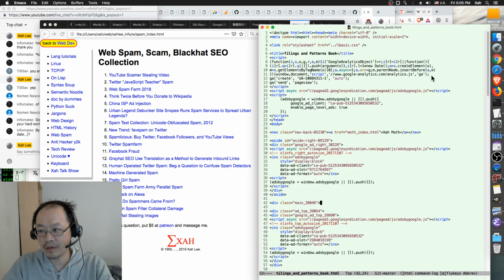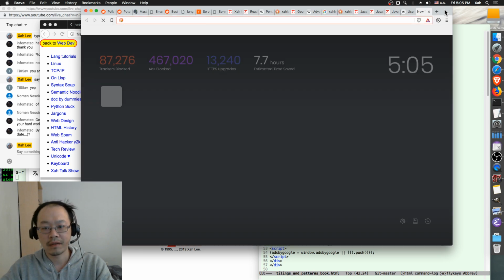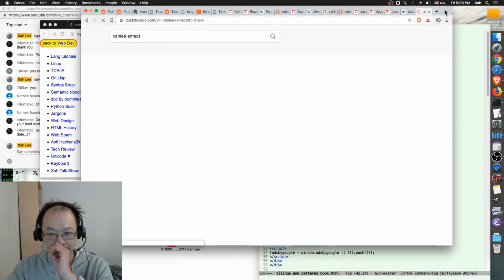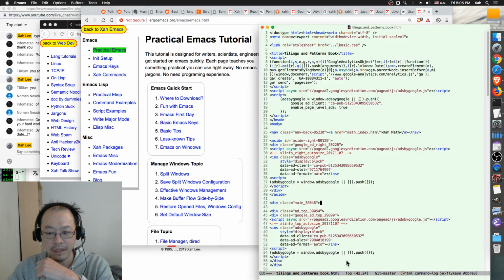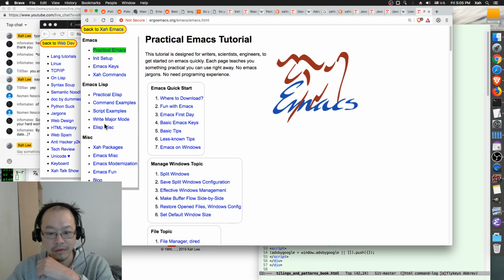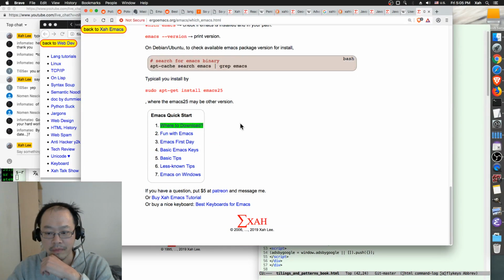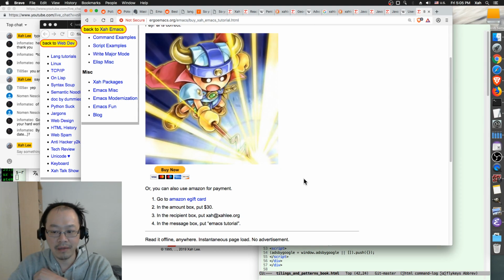For example, if you go to Xah Emacs, practical Emacs tutorial, and you go to almost any page, at the bottom you'll find "buy Xah Emacs tutorial". So I sell these. You can click and pay with PayPal and buy it.